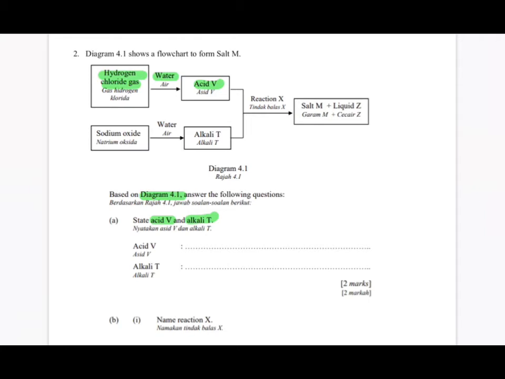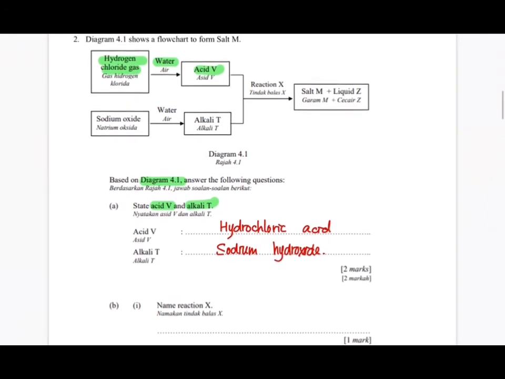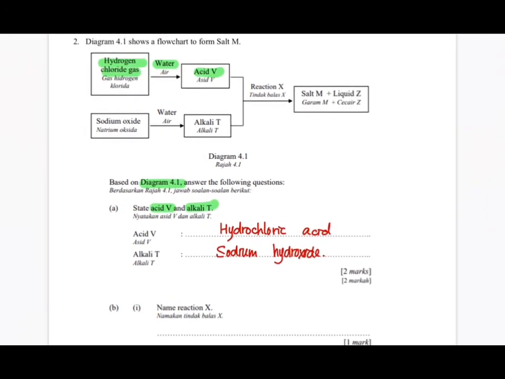When hydrogen chloride dissolves in water, it forms hydrochloric acid. Sodium oxide and water will produce sodium hydroxide.